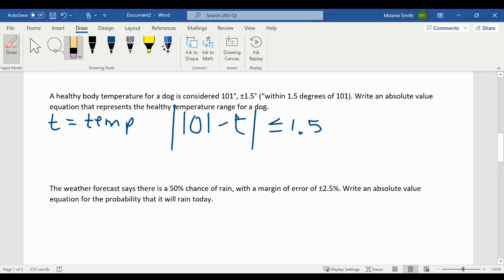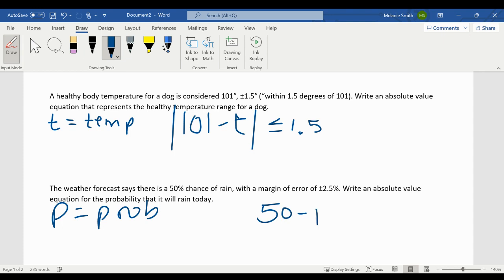So we're going to call P the probability of rain. Okay. And we're going to do just like we did with the body temperature. They're saying that it's 50. If we subtract the actual likelihood that it is going to rain, we want for that value to be less than or equal to 2.5.